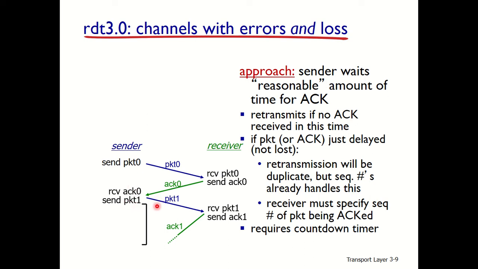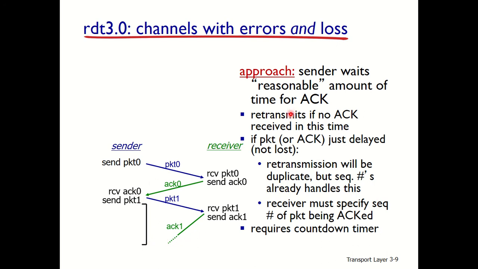When the next packet is sent, the timer is started again. If the acknowledgement is lost, say acknowledgement 1 is lost, the sender doesn't receive it, so its timer will expire. When the timer expires, packet 1 will be retransmitted.